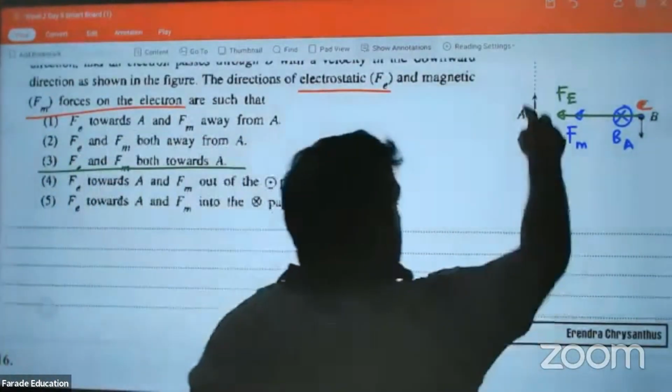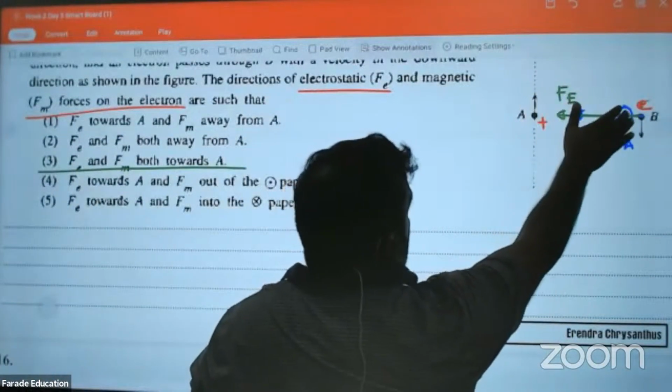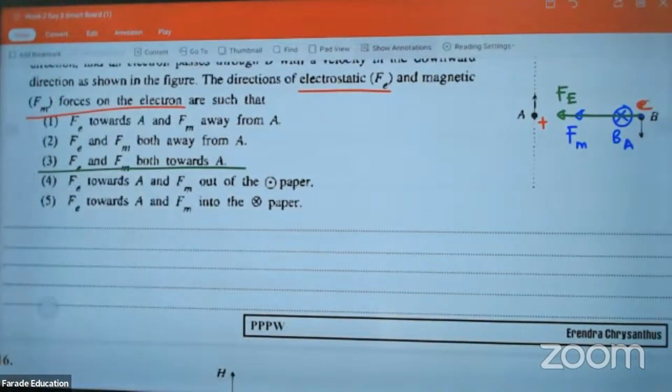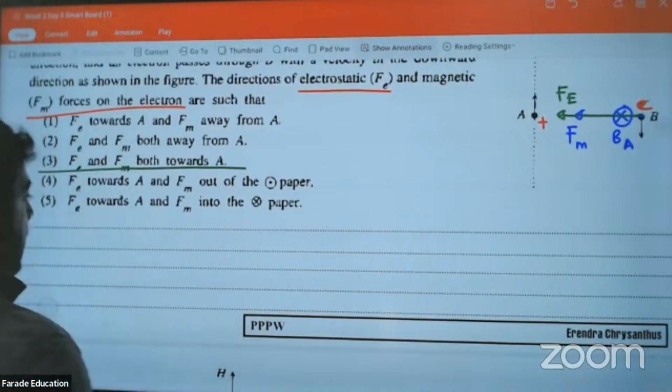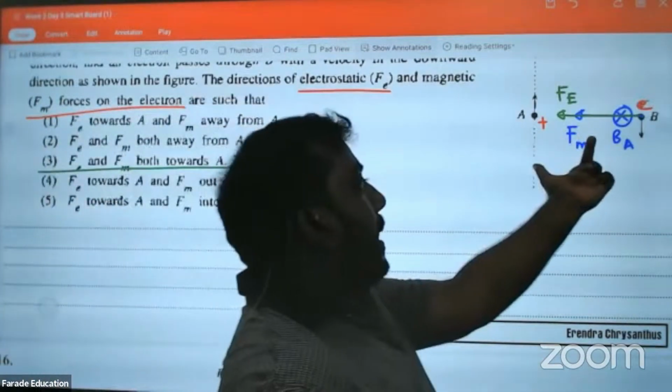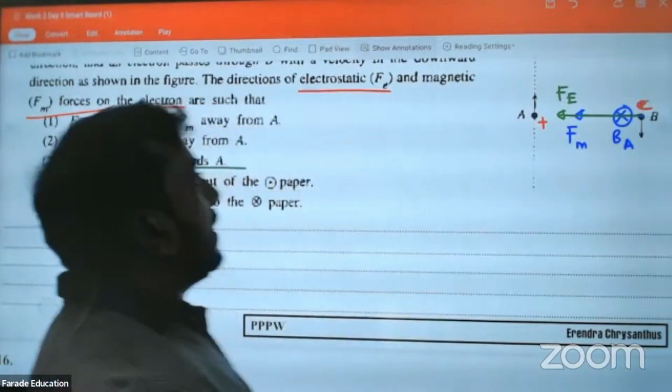Due to the current in A, there will be a magnetic field acting on B. By applying Fleming's left-hand rule, we can find the magnetic force.